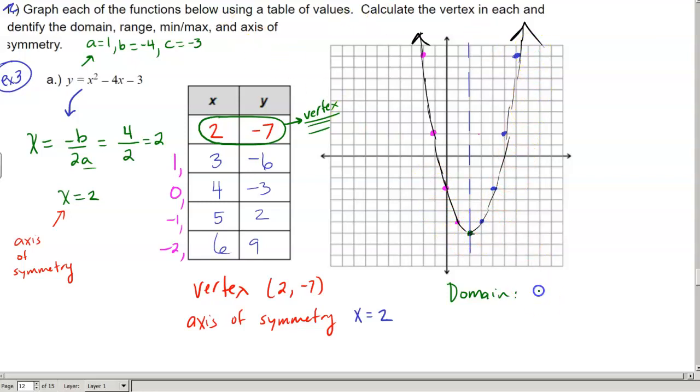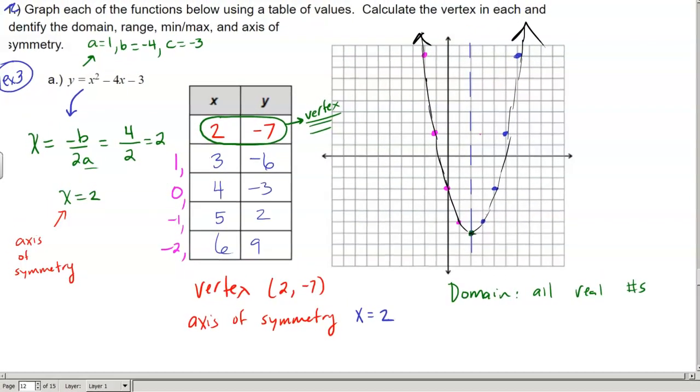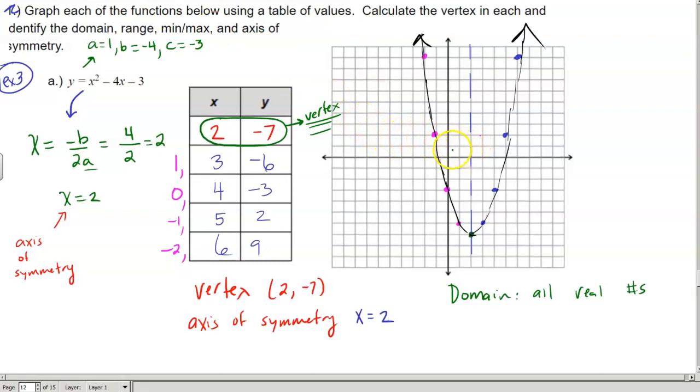And the answer to this is all real numbers, because this graph is spanning to the left and to the right. If you were to take the whole graph and bring it back down to the x-axis, you would see that you would graph every single value on the x-axis here.